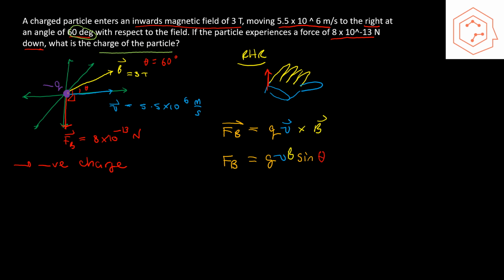We can isolate for Q to find its magnitude. So Q is equal to FB divided by V B sine theta.